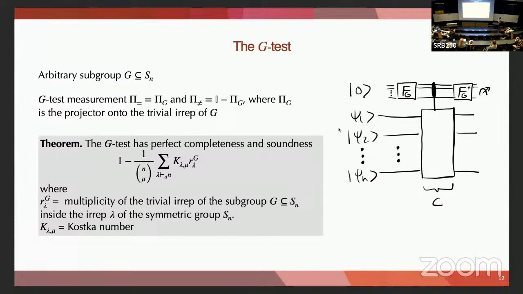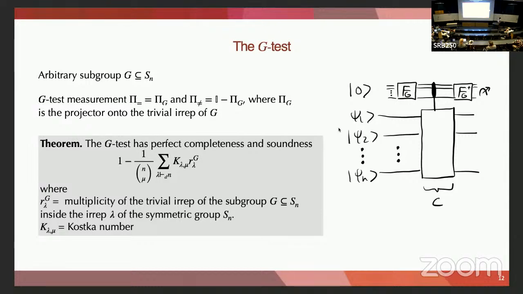When we output equal in our protocol, this is a projector onto the trivial irrep of this subgroup G of the symmetric group, and unequal is its complement. And we can calculate, again using representation theoretic tools, the formula for the soundness probability of the protocol for arbitrary group G.